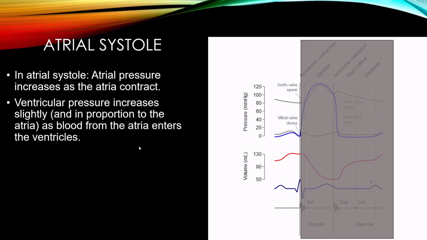Here, ventricular pressure increases slightly, in proportion to the atria, as the mitral valve opens and the blood enters from the atria to the ventricle.